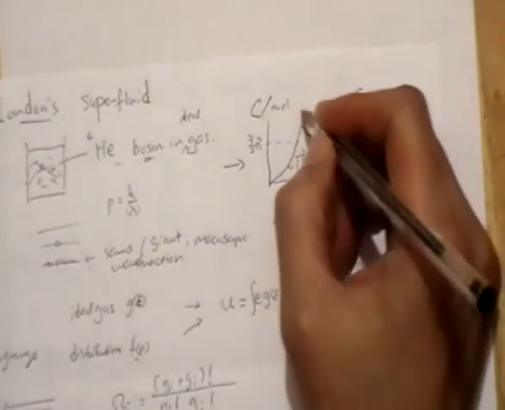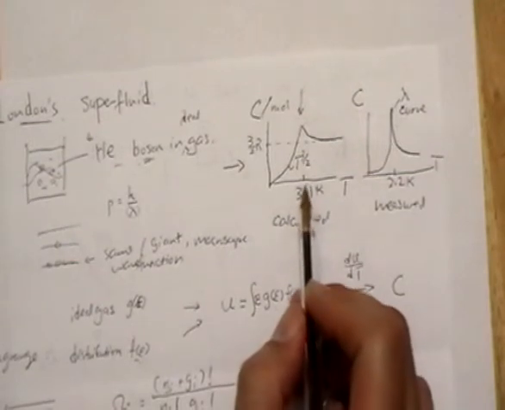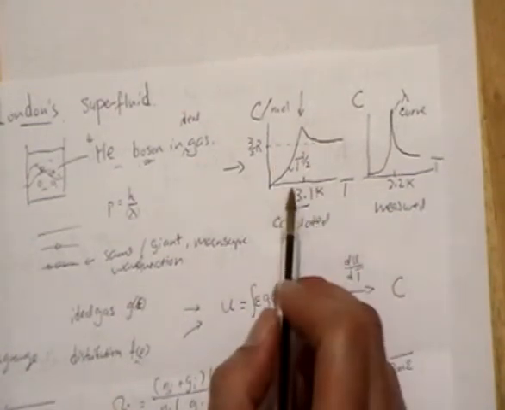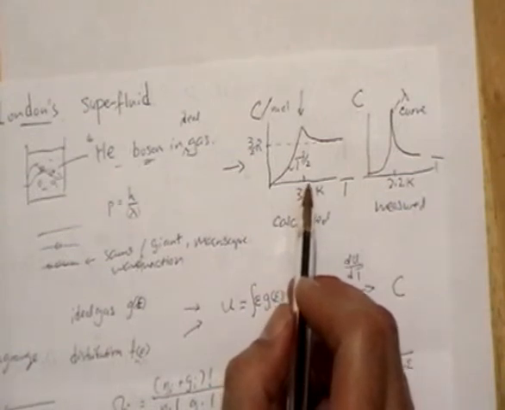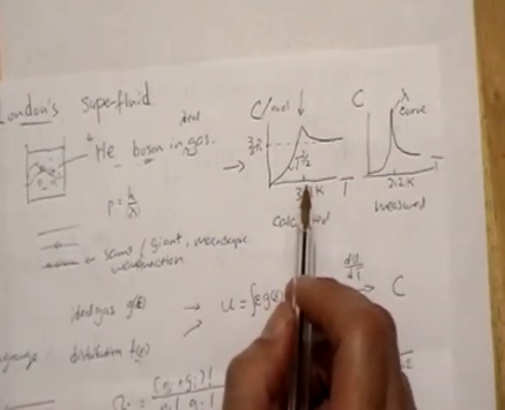Now there's a physical reason for this. There's a simple physical reason for why it suddenly decreases. If you remember how the condensation temperature was described, it was described as a temperature below which particles start condensing into the ground state. But if you think about increasing the temperature, then when temperature increases above the condensation temperature, all the particles would have come out of the ground state and become excited.